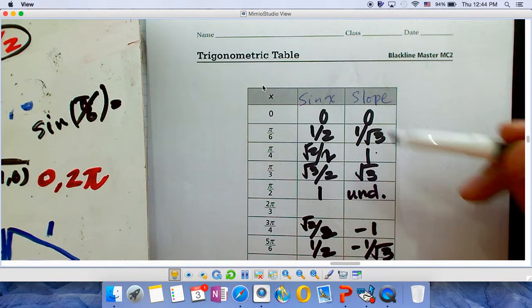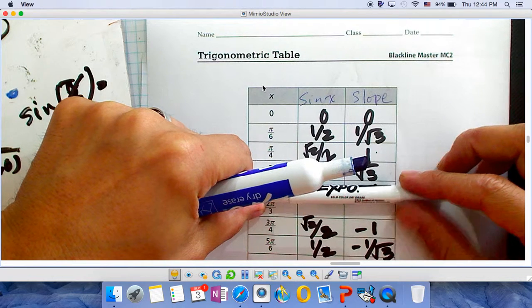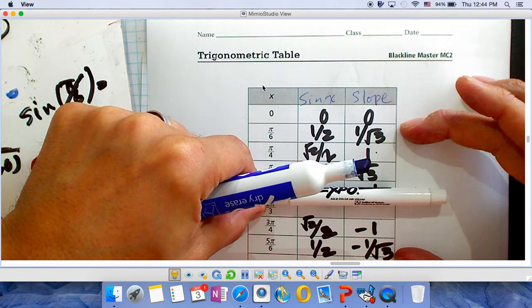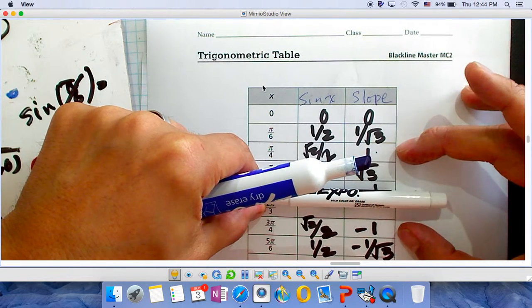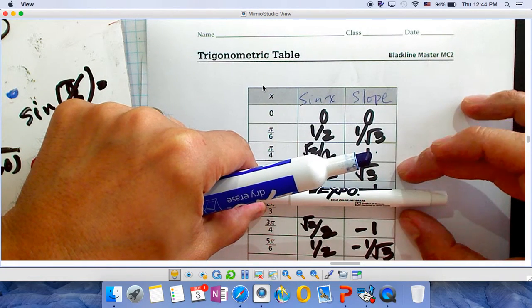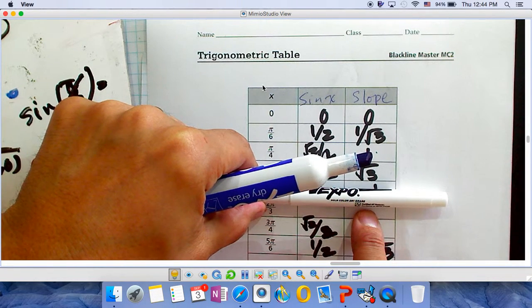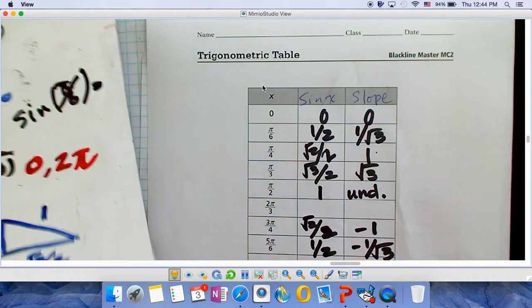You see the difference? It's almost like here's the mirror, and these two are the same except the sign. So if you're following the pattern, these two should be the same, but this number is the same, and this should be negative square root of 3. Let's see if that's true.